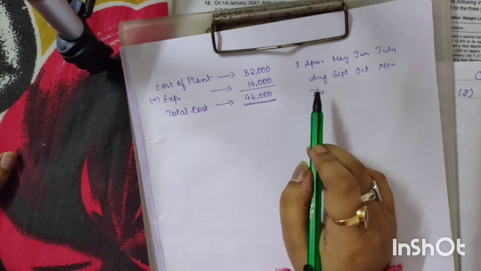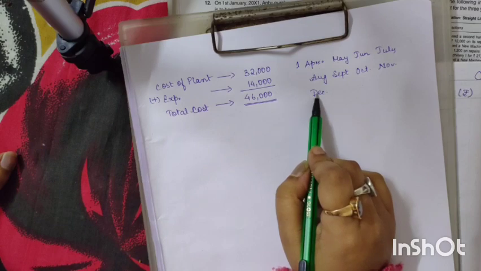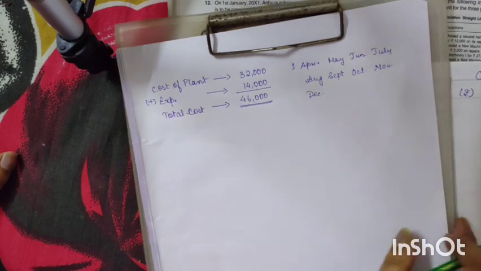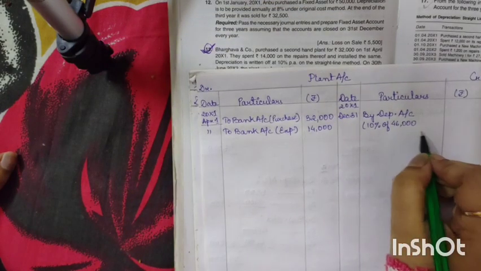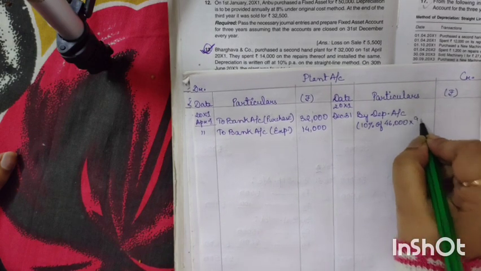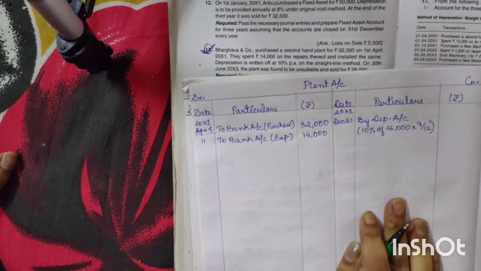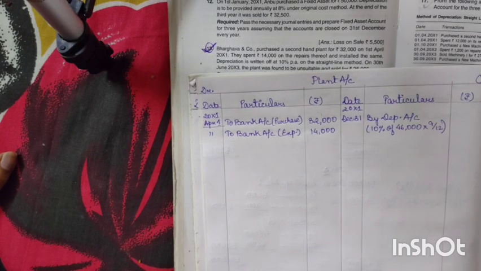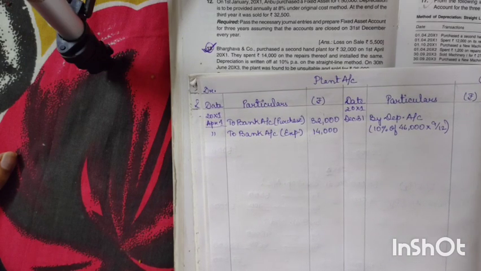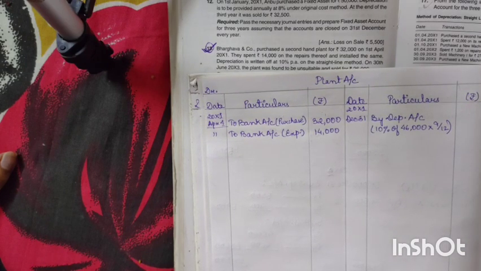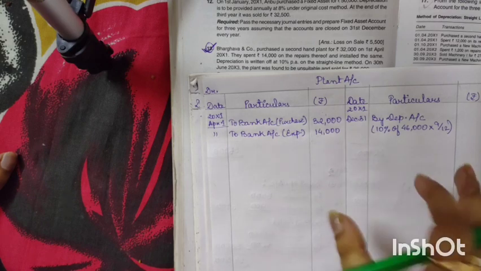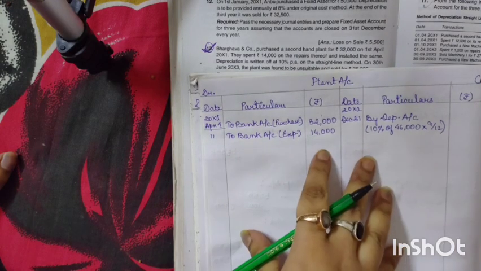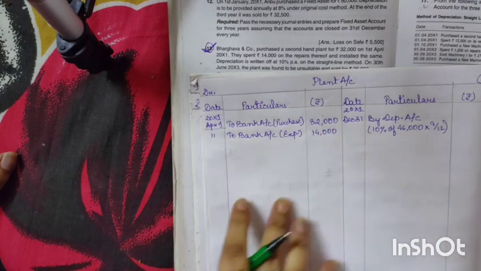So that means in 2001 you have to charge depreciation for 9 months. So here we will write 10% of 46,000 into 9 by 12. I have mentioned on the first day itself that we have to charge depreciation for the period for which we are using the particular fixed asset in that particular year.